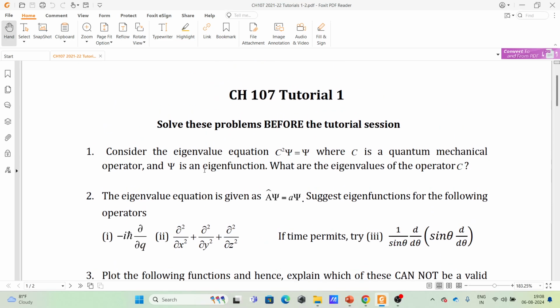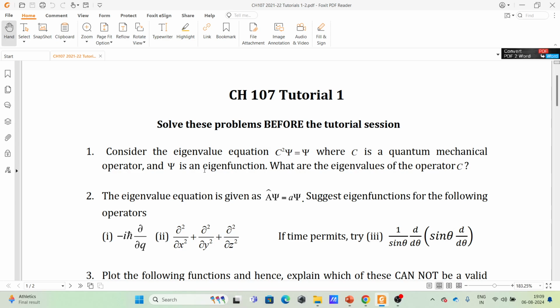To start with, this tutorial problem is set by the faculty members of the Department of Chemistry at IIT Bombay. There is a course, Chemistry 101, CH101. Now it is called CH111, which is taught for first year BSc and BTech students, for all the engineering sections and chemistry also.